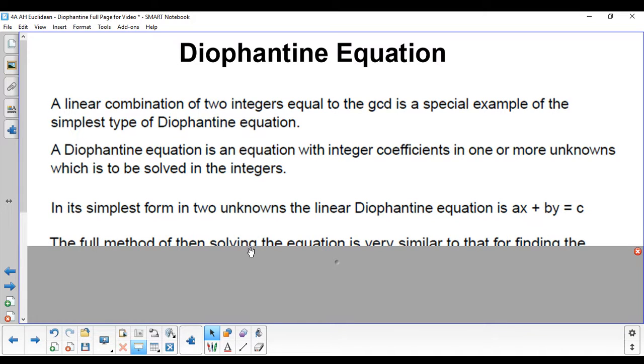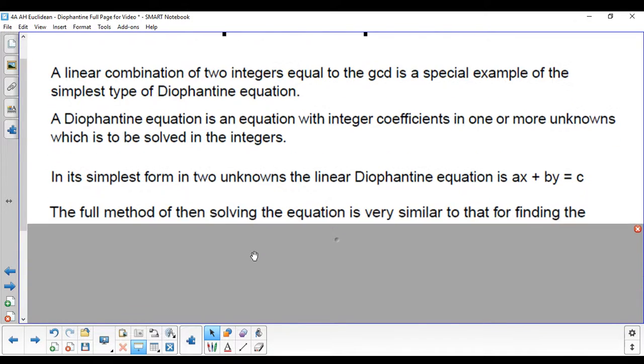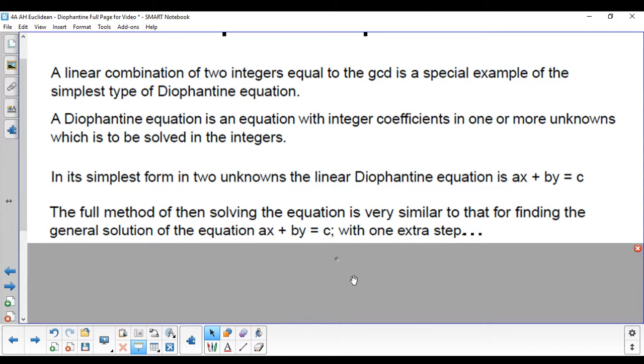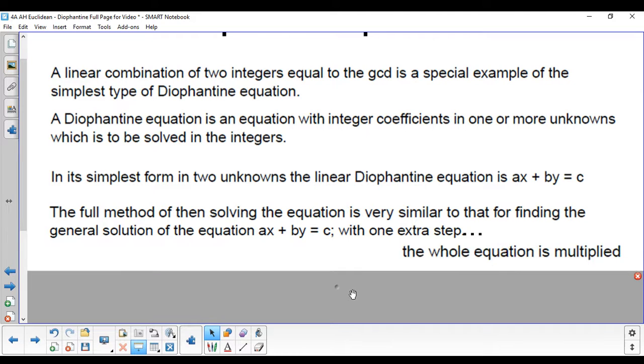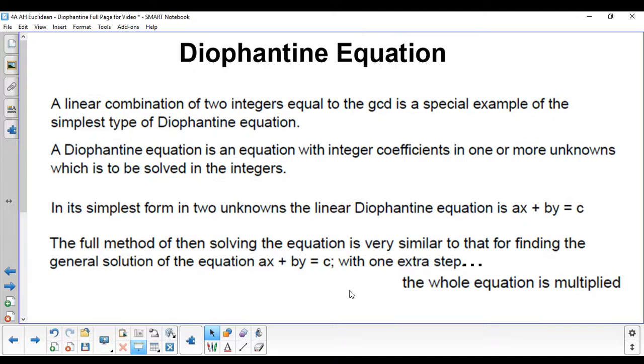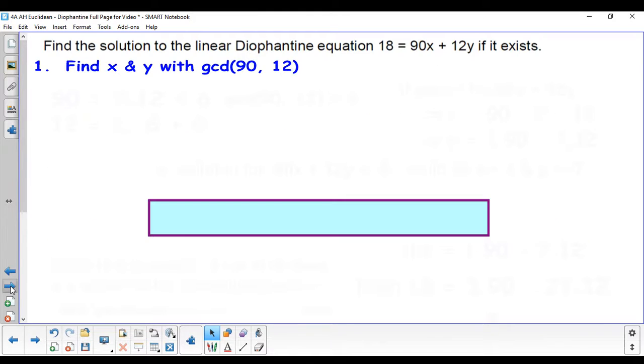When you are given one solution, we might be told instead of c, it's 2c or 3c or whatever. The full method of solving the equation is very similar to finding the general solution that you've always done, with one extra step: the whole equation gets multiplied. I'm going to show you how to do that. Don't worry if you don't get that, I'll show you.